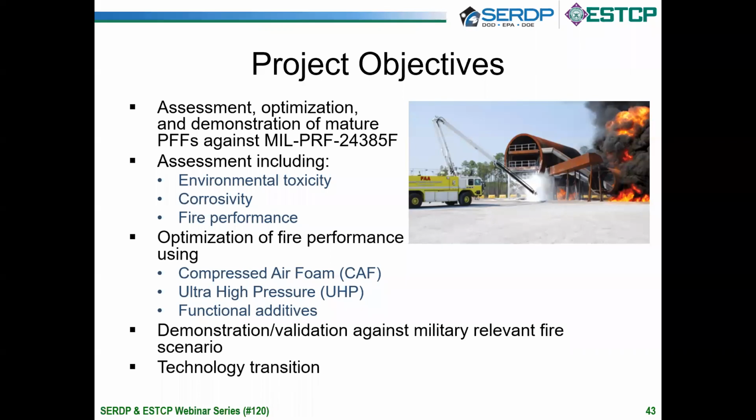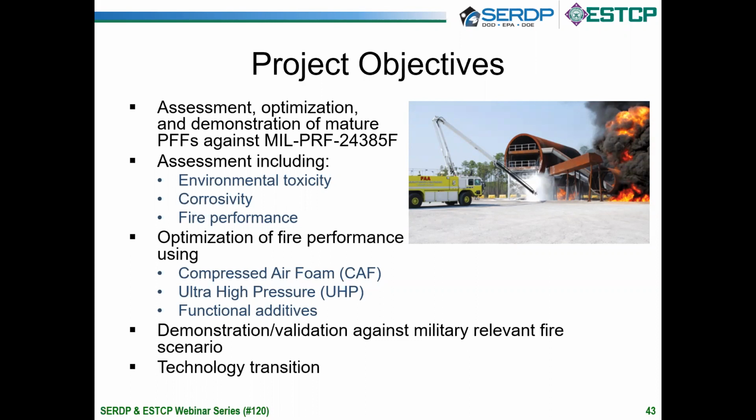So what kind of properties or characteristics of these new products are we trying to assess? Well, the mill spec has many requirements, but I'm showing a few key ones: the environmental toxicity, corrosivity, and the fire performance. And what we're trying to use by way of technologies are compressed air foam, which I'll talk about, ultra high pressure, as well as functional additives to improve the performance.